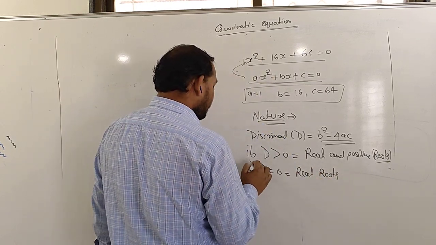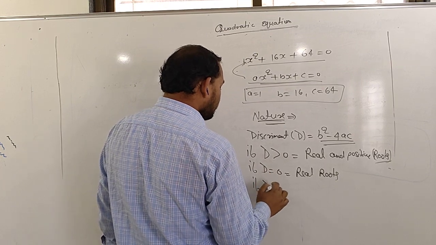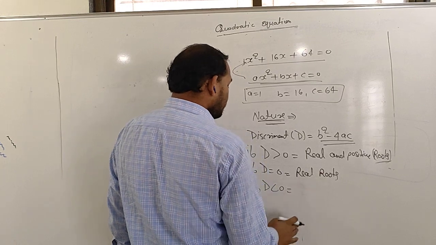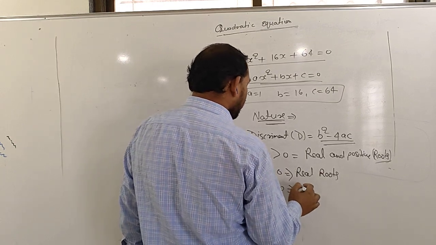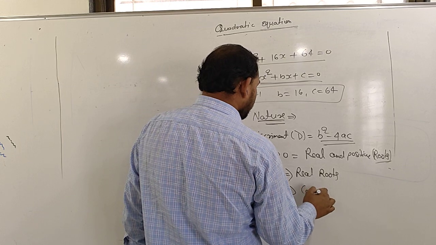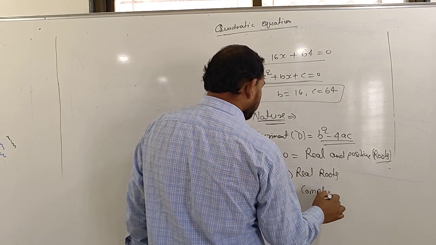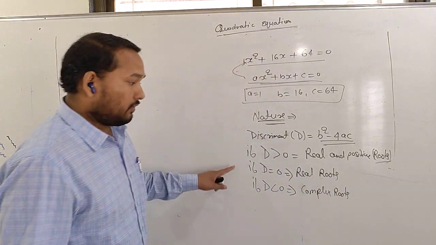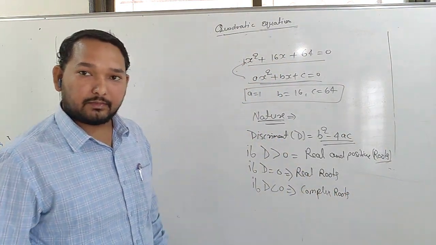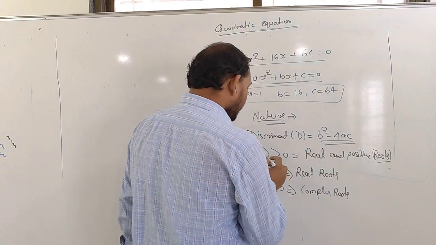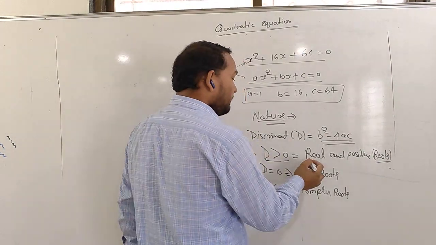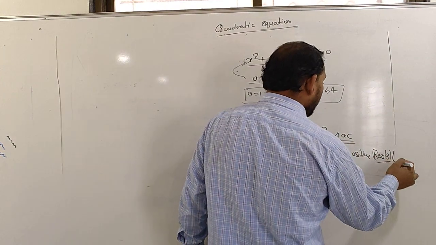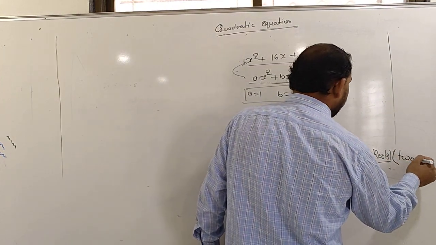And if D is less than 0, it has complex roots. Okay, are you getting this point? Something we have added: if D is greater than 0, it has real and positive roots, meaning the roots may be different roots.